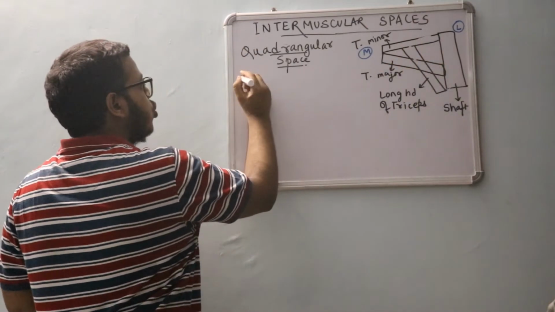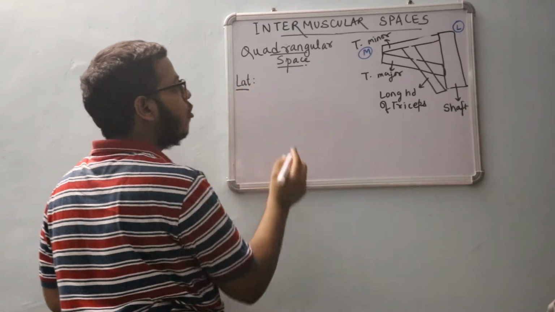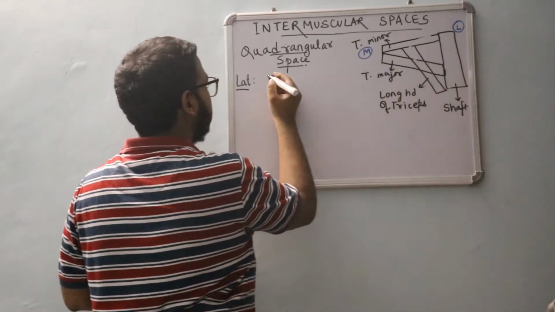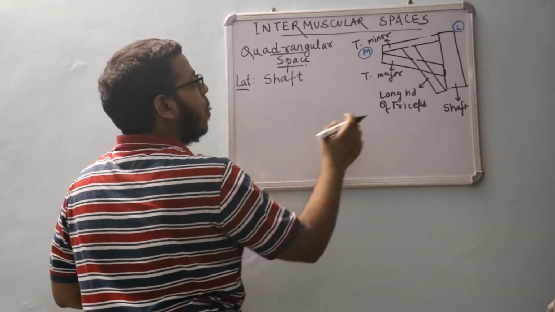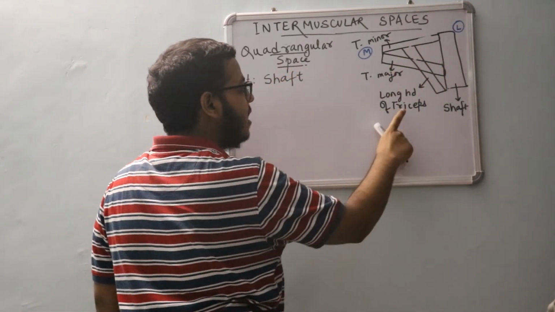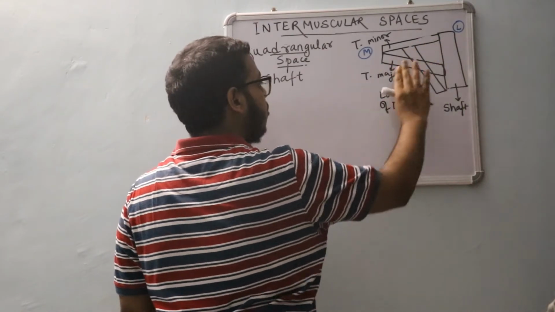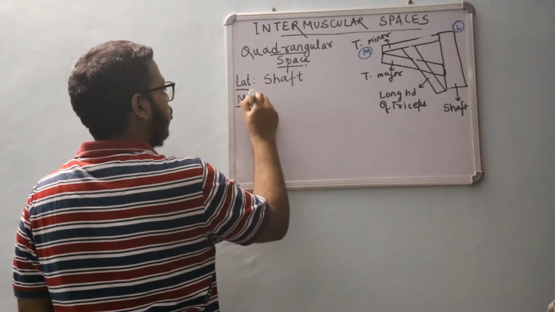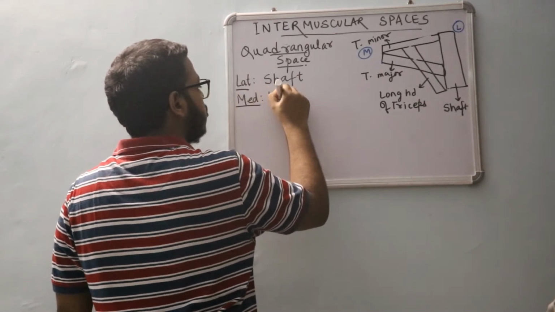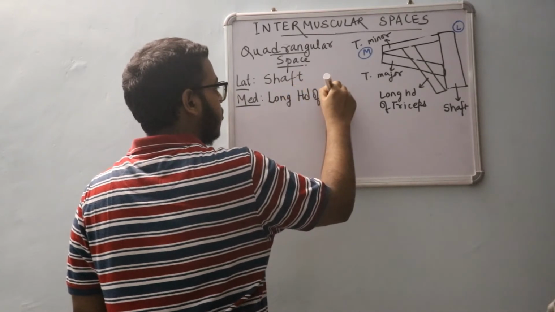What forms the lateral boundary? The shaft of the humerus bone. What forms the medial boundary? It is the long head of the triceps, its lateral border.